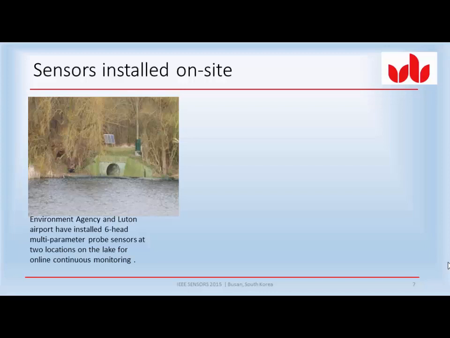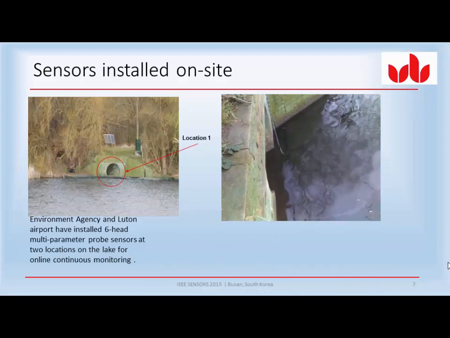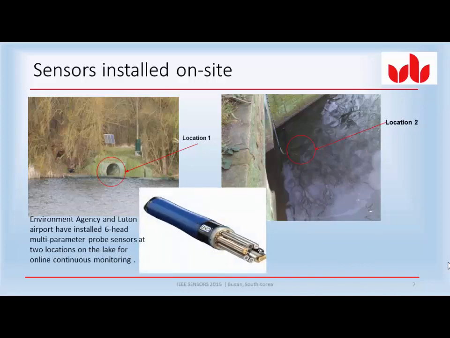In addition, there is another one installed by Luton airport, because there are some pollutants coming from the airport too. So these are the locations of the sensors, and this is our typical 6-head sensor that we are using.